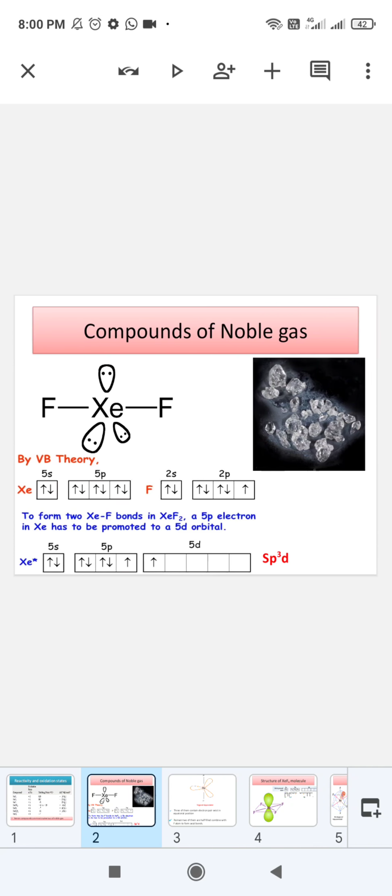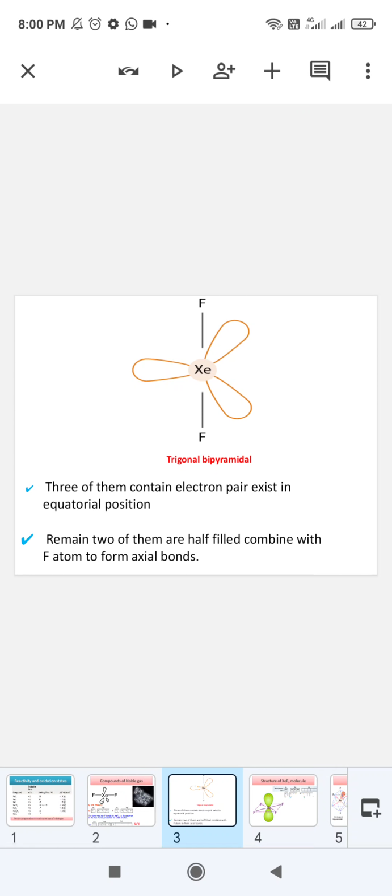We know that the lone pairs of electrons exist in the equatorial position in order to reduce the repulsive force between the pairs of electrons. So the 3 lone pairs of electrons exist in the equatorial position, and the 2 half-filled orbitals exist in the axial position.